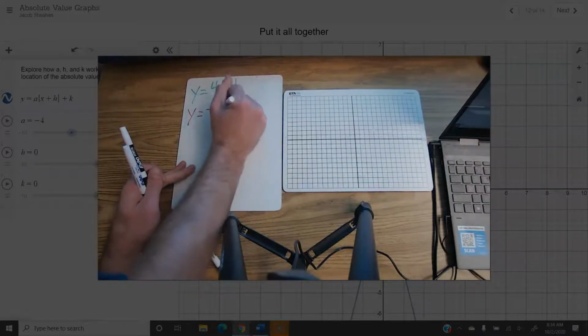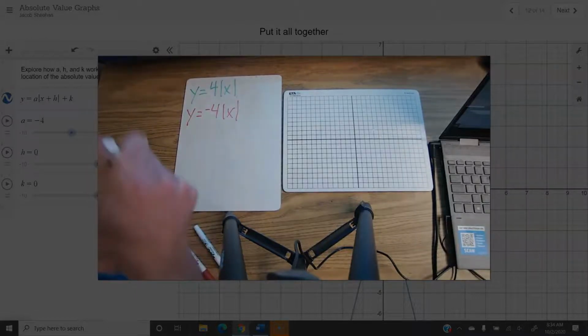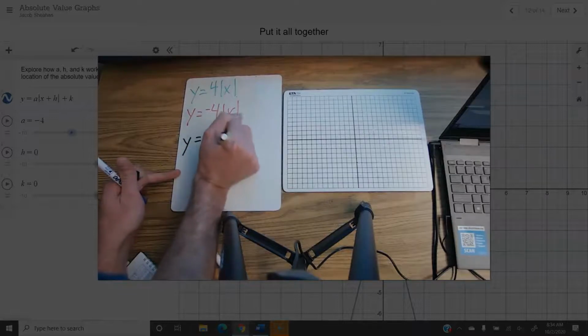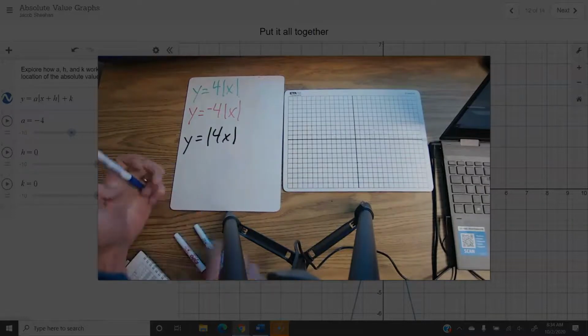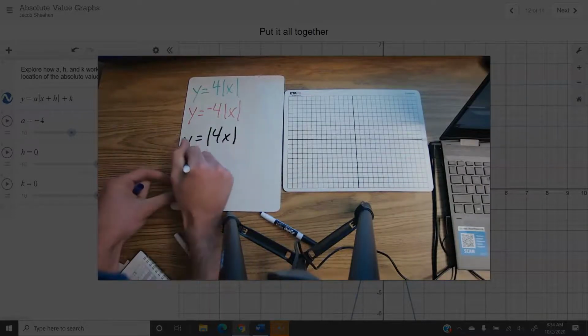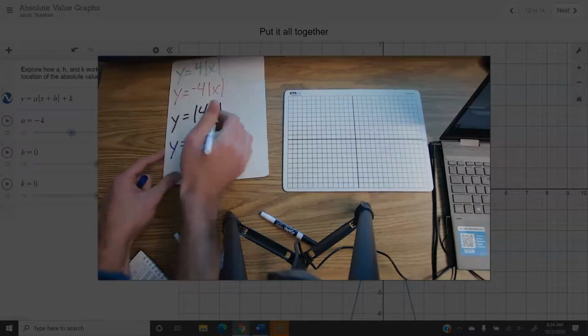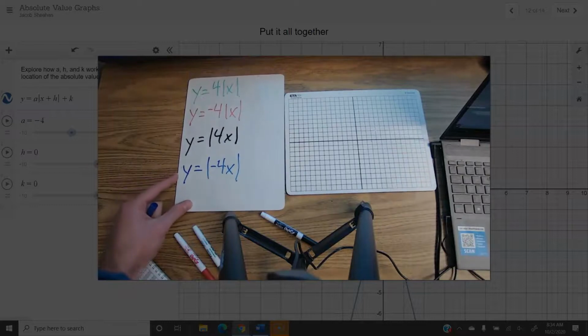We could see that 4 being negative. We could see that 4 positive, but inside the absolute value bars. Or finally, we could see that 4 being negative and also inside the bars. Okay?